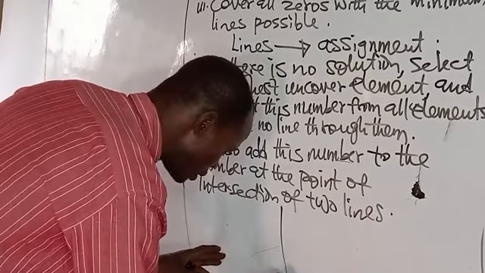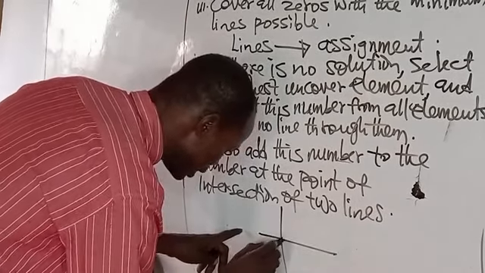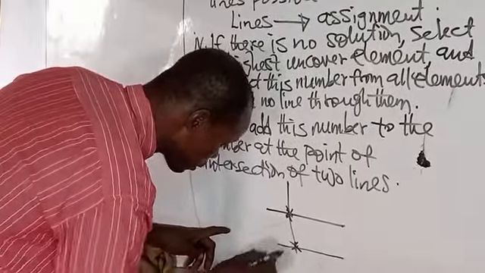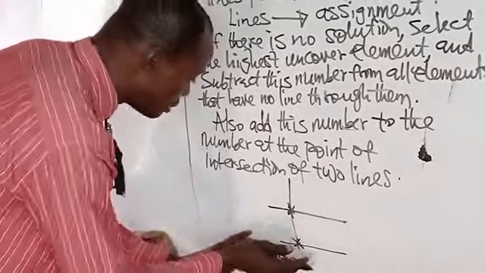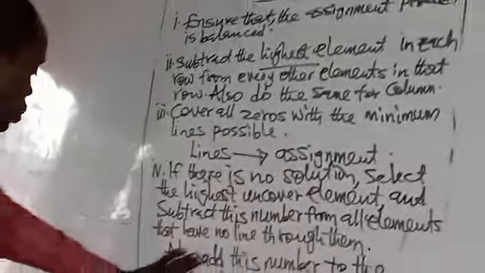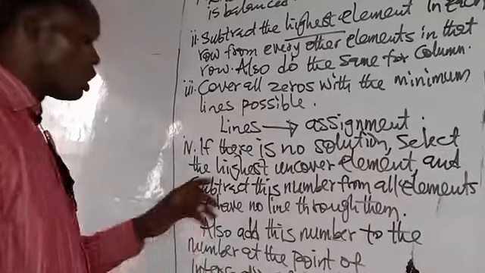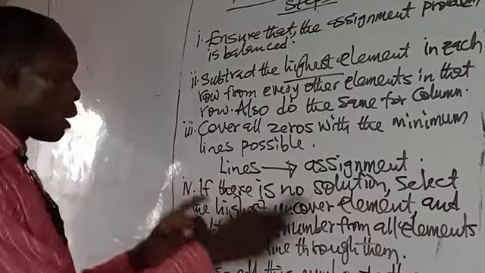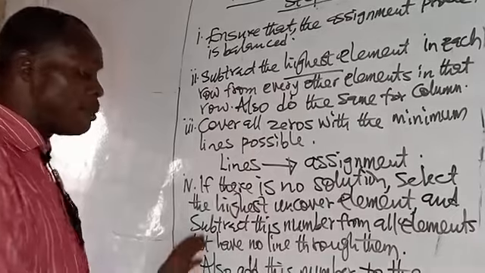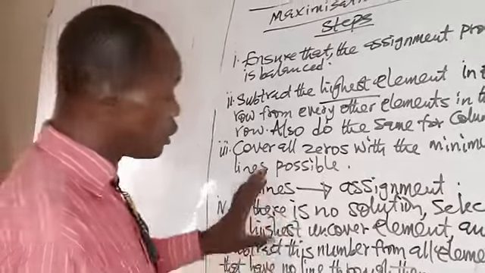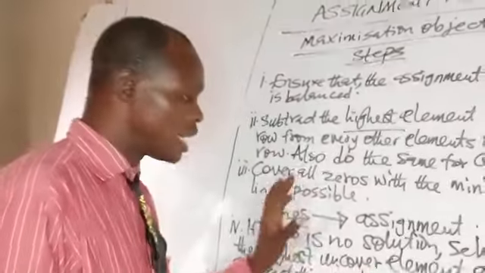If you have one horizontally and one vertically, this is the point of their intersection. So, if there is no solution, you proceed to this step. You again cover the zeros with the minimum lines possible. Where the number of lines equals the number of assignments, the optimal solution has been achieved. If otherwise, you repeat this step until the optimal solution has been achieved.